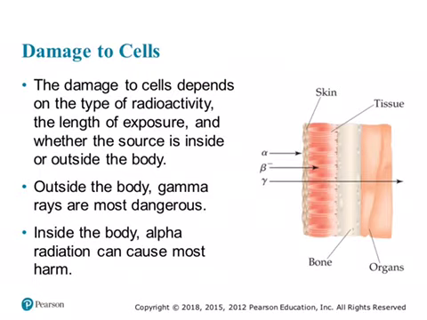Inside the body, alpha radiation can cause the most harm. Remember, gamma rays have a 10,000 times penetration power. They can go through skin, tissue, and bone. It's similar to what's used in X-rays, which is why we use a lead shield when they take X-rays.